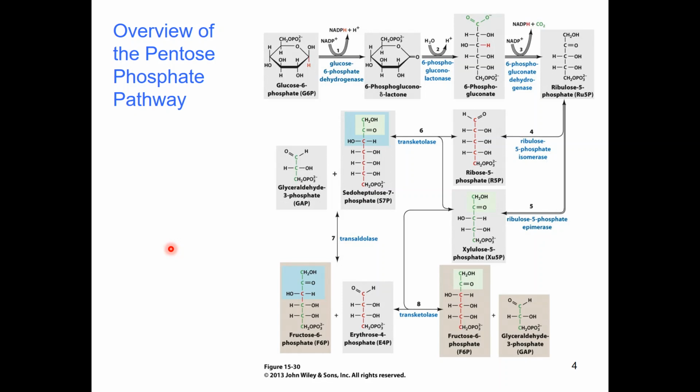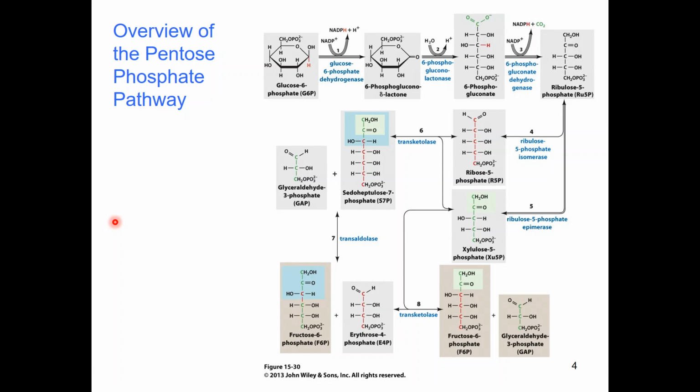So let's take a look at the outline of the pathway. Here we have those 8 steps, right? 4, 5, 6, 7, and 8. But as usual, we want to split the whole pathway into stages that can be united by some common purpose.